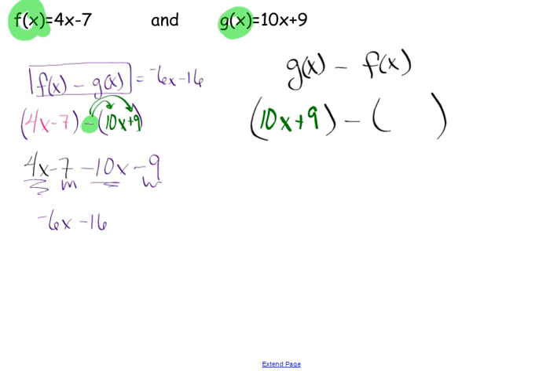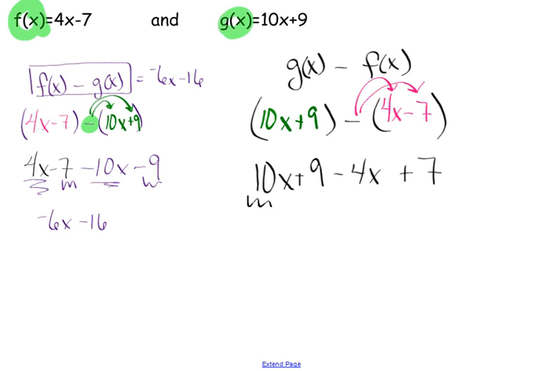Fred was red, so that would be 4x minus 7. I still have to distribute that negative sign in. So what I get is 10x plus 9 minus 4x plus 7. I'm going to combine like terms, so I get positive 6x, and positive 16.